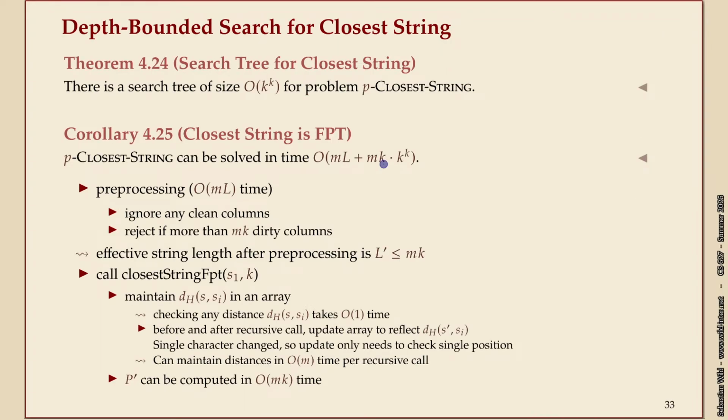But certainly what's on the slide is doable. You can maybe improve it. Certainly the dominating part will be the exponential. That's all I wanted to say about the closest string problem. Any questions on that? Let me know.